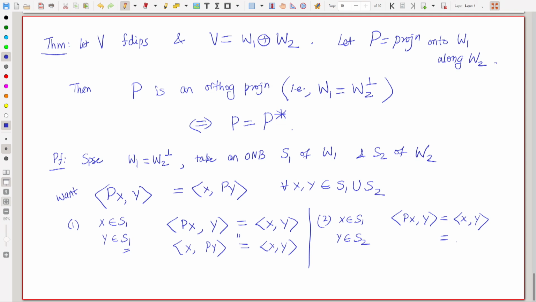It is 0 because x is in S1 and y is in S2. They are orthogonal to each other was my assumption. Let us do the other side, x comma Py. What is Py in this case? Py is actually 0, right, because y is coming from S2, the space W2 which is mapped to 0 under P. So in fact these are both 0, for 2 different reasons, but they are equal nevertheless.